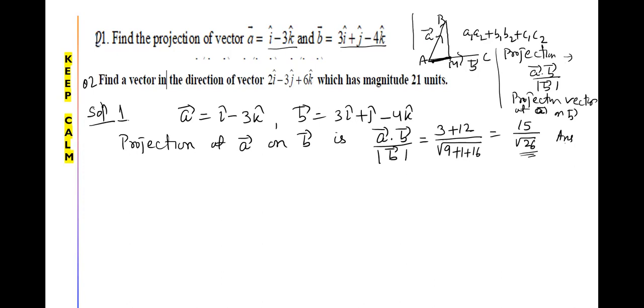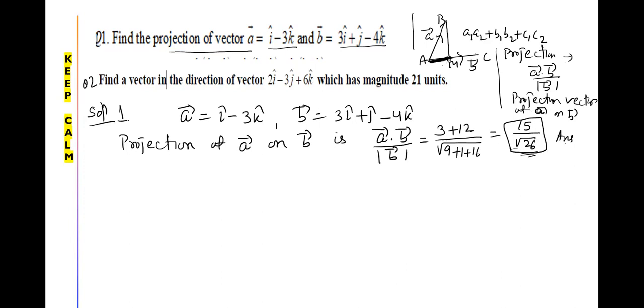The length of AM is the projection of A on B. But if it is the projection vector of A on B, it means the vector along the direction of B whose magnitude is AM. So this gives you the magnitude of the projection. If it is simply the projection of A on B, this is the answer.